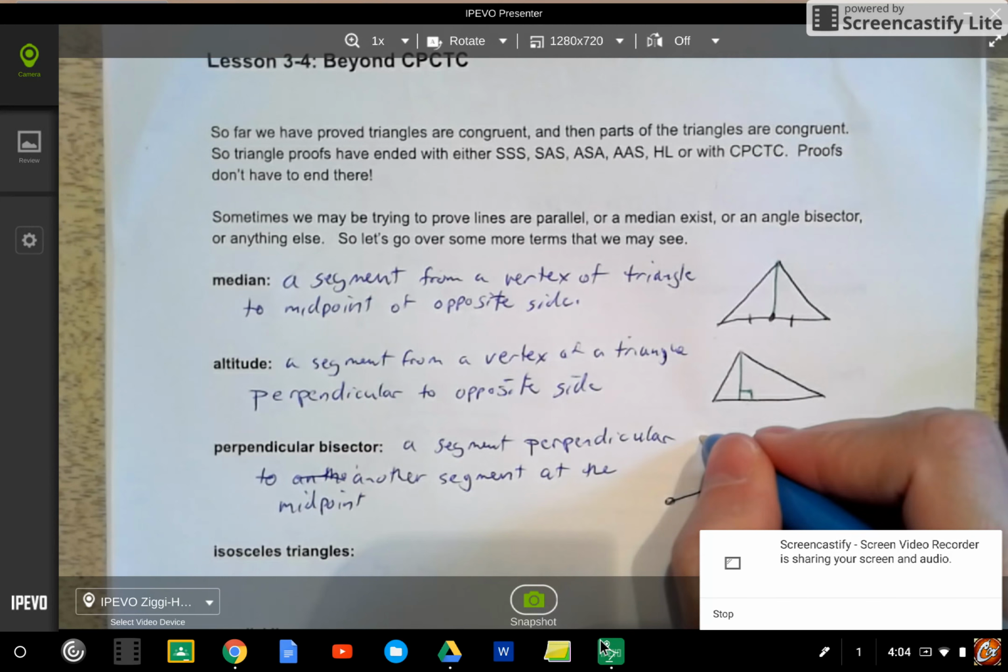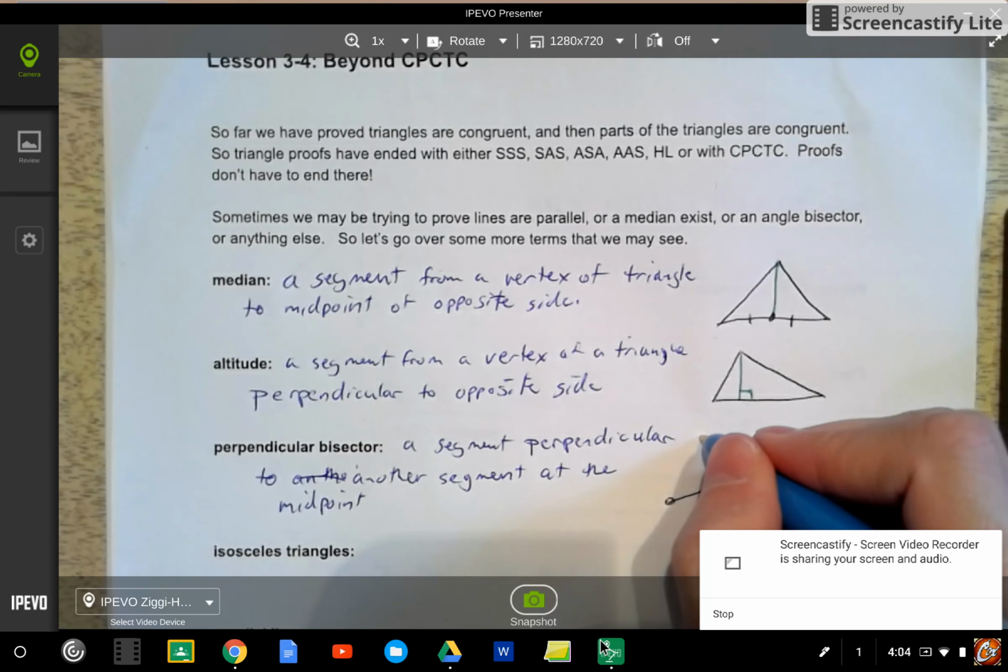Okay, isosceles triangle. We already know what an isosceles triangle is. Okay, a triangle with two congruent sides. But it also has more. The base angles of an isosceles triangle are congruent.